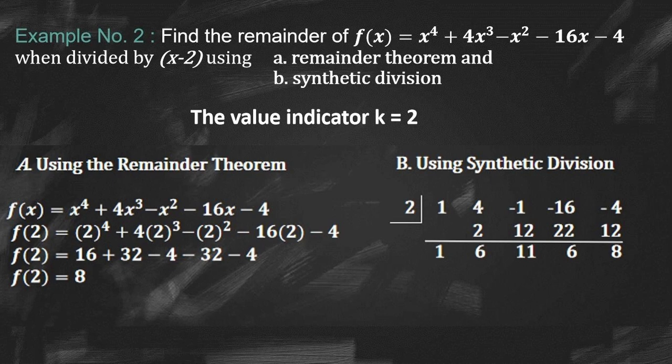And 6 times 2, the divisor, is 12. So 12 will be written under the negative 4, and adding negative 4 and 12 gives 8. As we can see, we have the same remainder from the remainder theorem method and the synthetic division method.